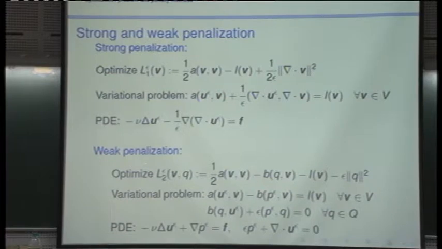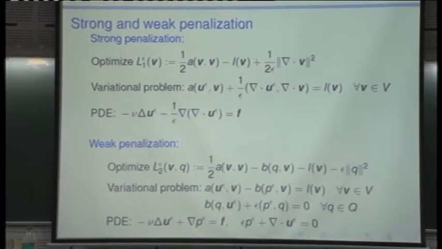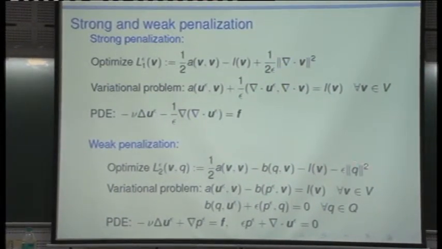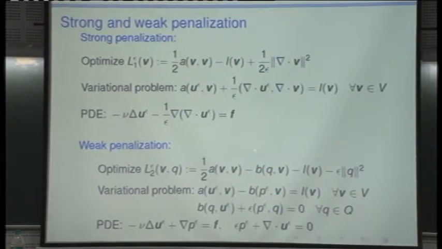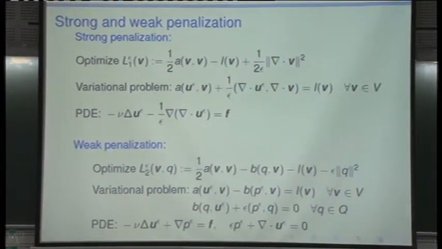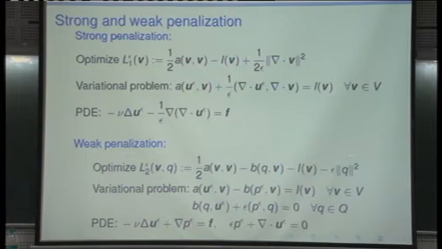On the other hand, we have what we have called weak penalization, in which what we do is to regularize, put the perturbation term in the standard Lagrangian. This is the standard Lagrangian, where pressure is a Lagrange multiplier for the incompressibility constraint, and then we regularize this Lagrangian with this term. The variational problem is this one, so we have to find u epsilon and p epsilon.